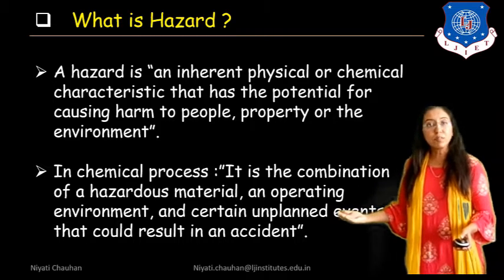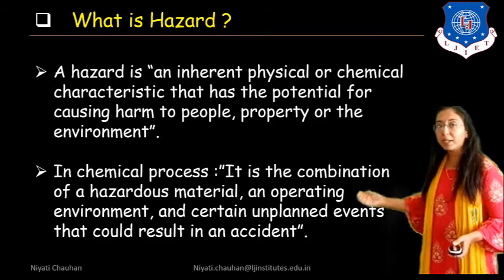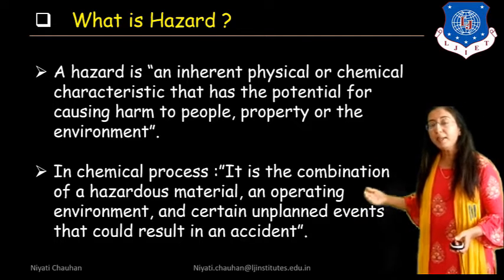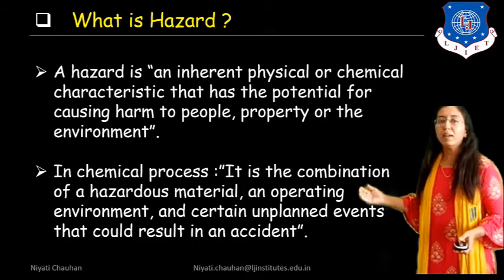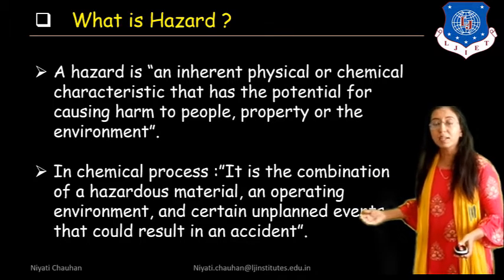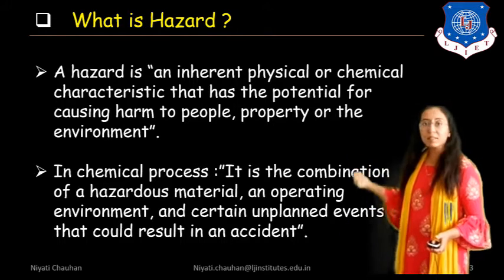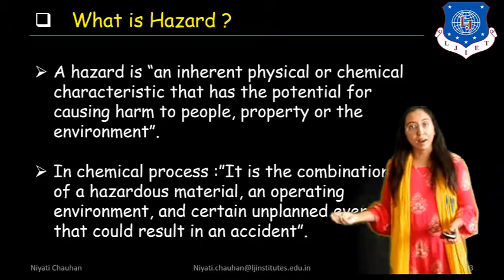In chemical processes, it is the combination of a hazardous material and operating environment and certain unplanned events that could result in an accident. Okay. So here we have discussed what is hazard, right?